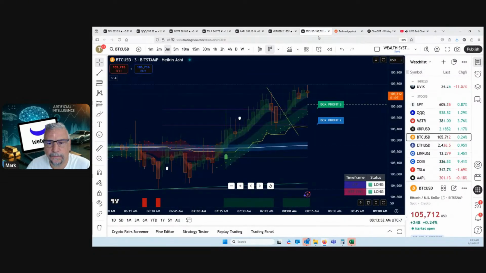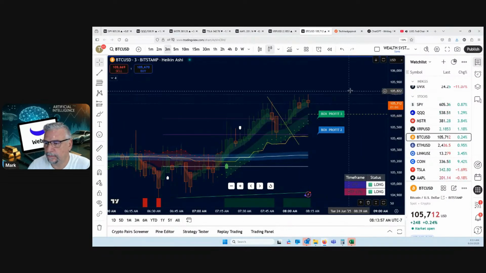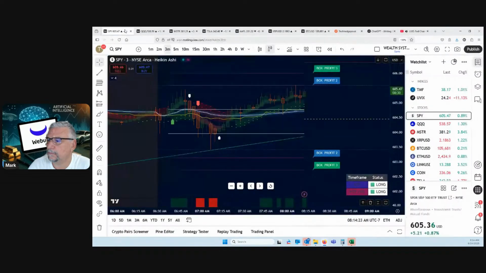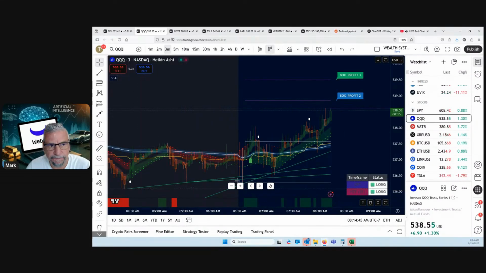XRP, and there's Bitcoin. All right, so there's the 538.555. And it's holding pretty good. Very, very nice. Look at all that support. QQQ, so much support there. I mean, that's incredible.